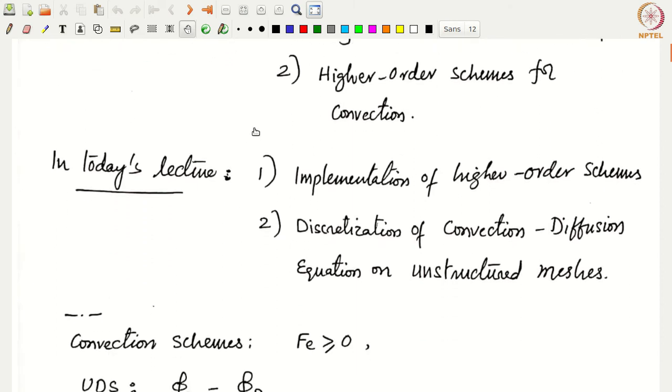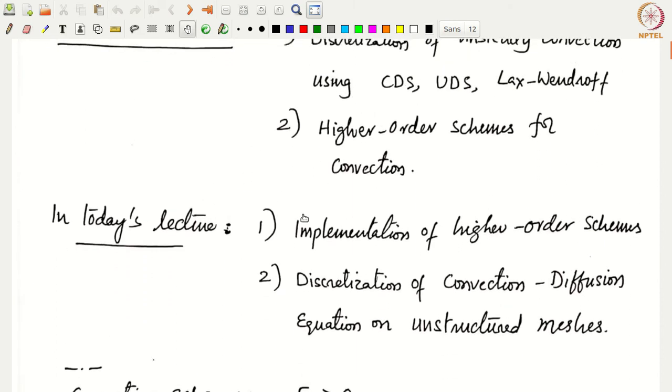In today's lecture, we're going to look at implementing these higher order schemes. So how do we actually go about implementing them in a code? And we will then switch gears and look at discretization of the convection diffusion equation on unstructured meshes, because till now we have only looked at how to discretize on structured Cartesian meshes.